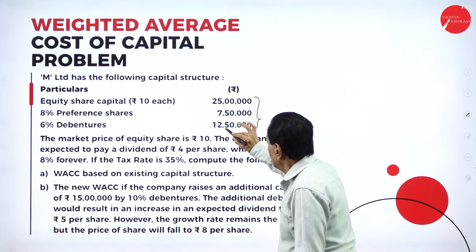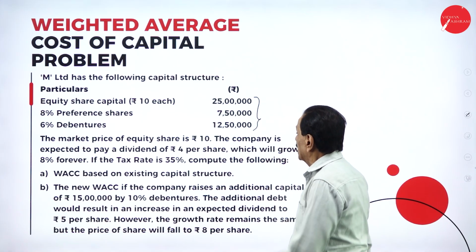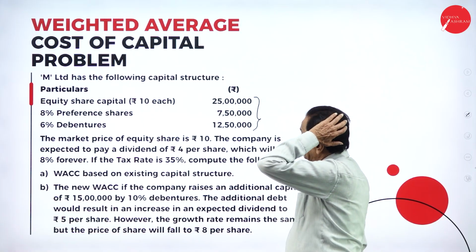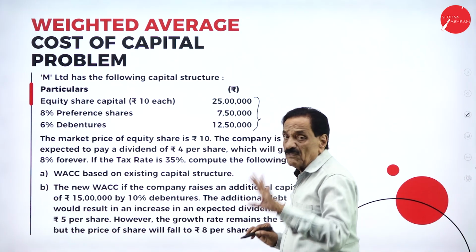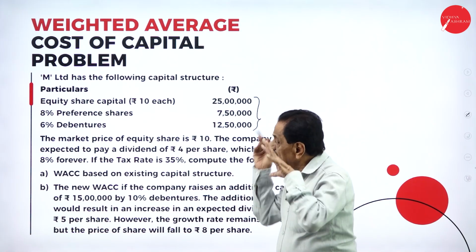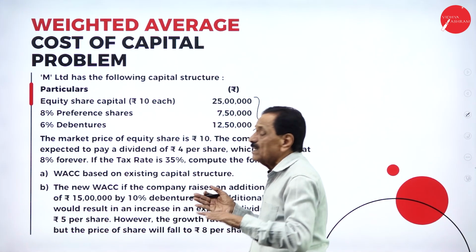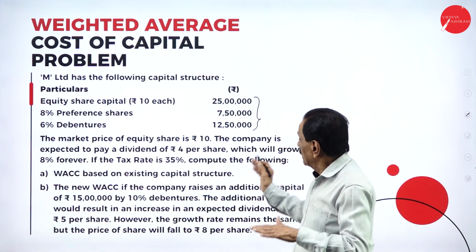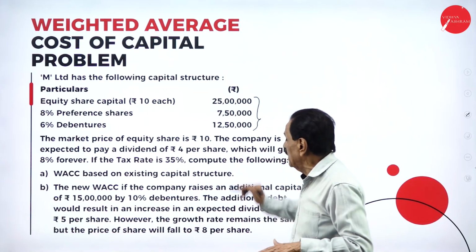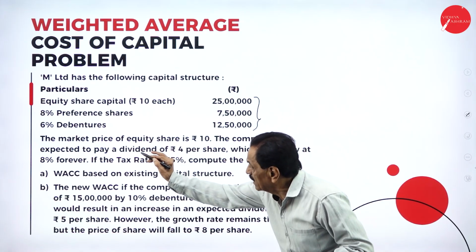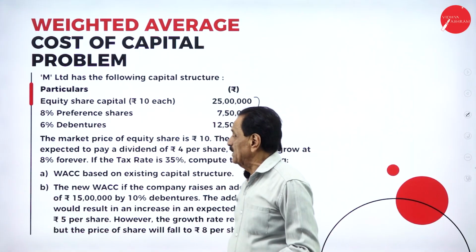This is 12 lakh 50 plus 50, 13 lakh 20 plus 25 means 45 lakh. They are having 45 lakh. In that 45 lakh, they have 25 lakh in equity, 7 lakh 50,000 in preference share capital, 12 lakh 50,000 in 6% debenture.